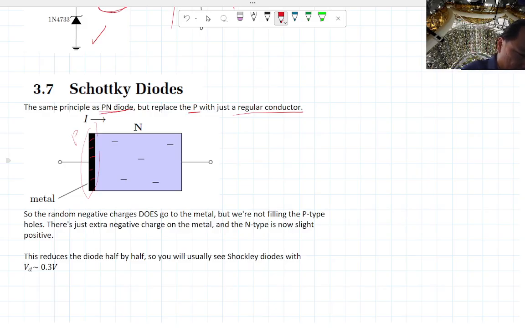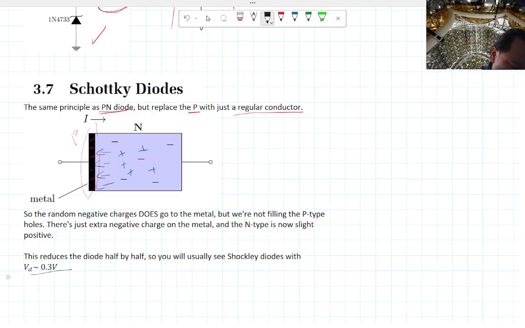So this will have some negative charge on it, and because these electrons left, you have some positive charge here, and this still produces an electric field pointing this way, but the strength is going to be half as much because you're not filling the positive holes in the P-type semiconductor.